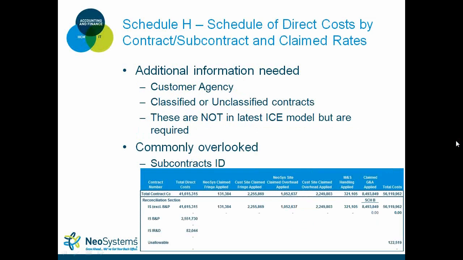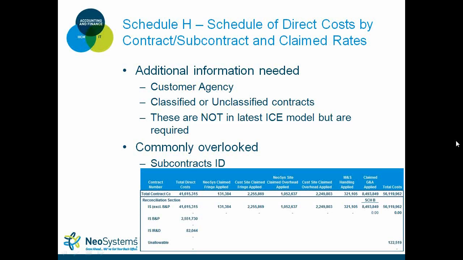Moving into Schedule H, this is probably one of the big ones here, right? You have a lot of information listed here, especially if we have hundreds, if not thousands, of contracts. One of the things that is actually pretty interesting, it's not even listed on the ICE model, but this is required. This is what they're actually asking for, which is the customer agency, and classified or unclassified contracts.